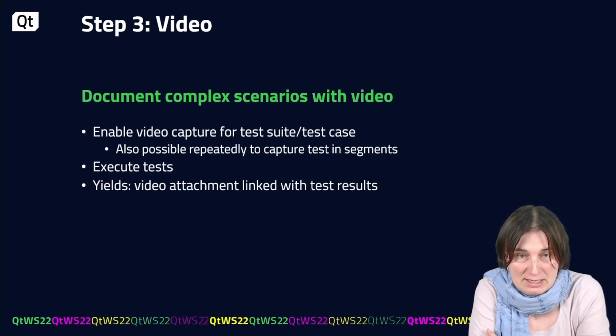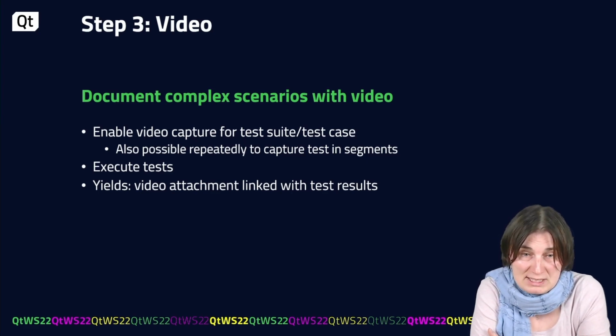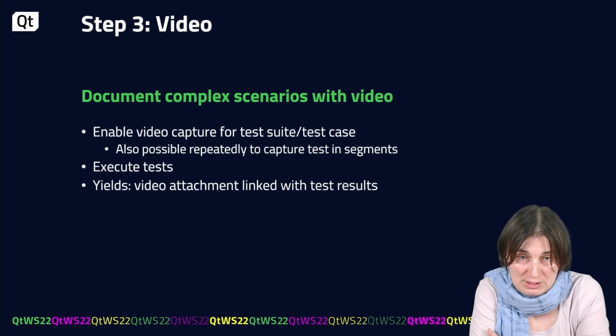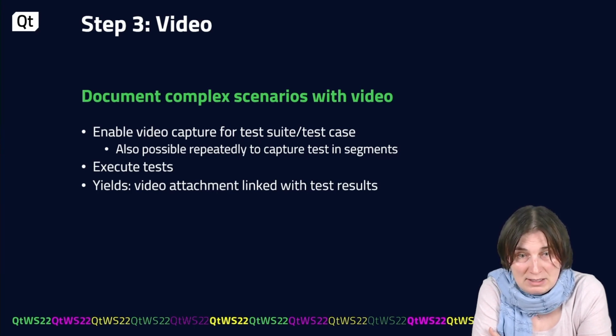We can enable the video capture in Squish GUI Tester for the full test, also repeatedly for individual segments of the test, and when we execute the test, we will end up with the video attachment that will be linked with the test results and that documents the full happening on the desktop and in the application we are testing.